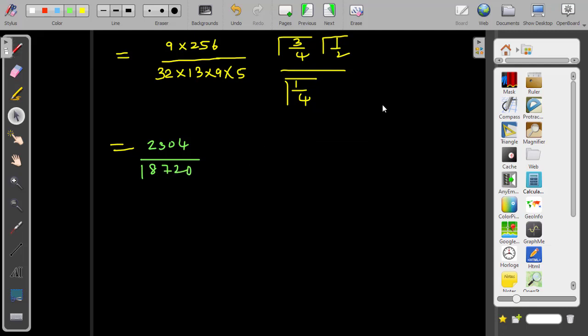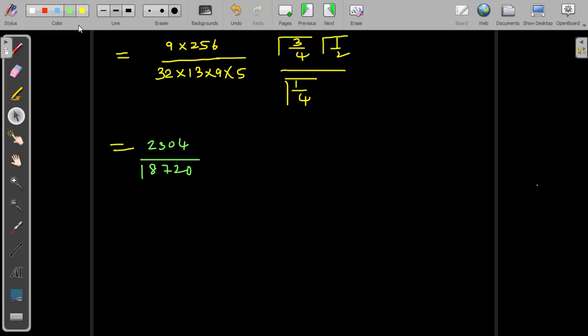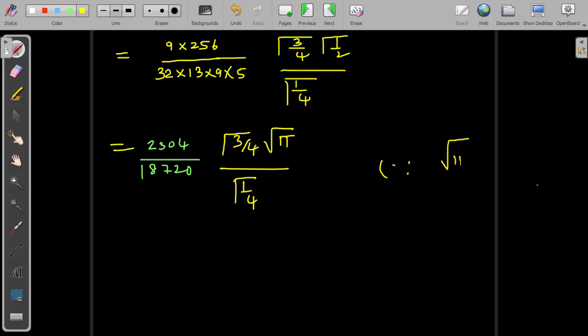So this will reduce. The next step is that this is multiplied with gamma 3 by 4 times root pi divided by gamma 1 by 4, since, as we know, gamma half equals root pi, hence the result. Okay students, thank you so much for watching.